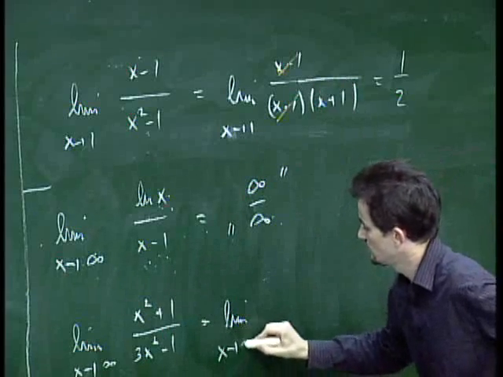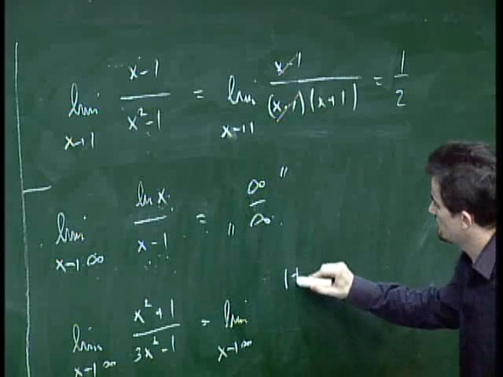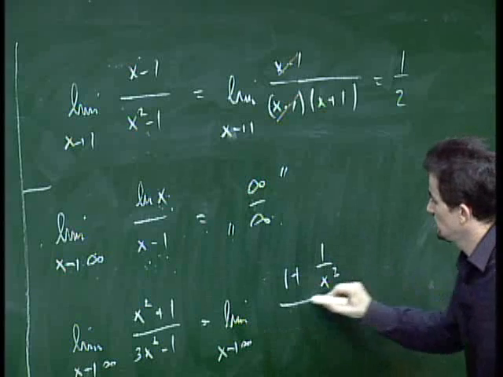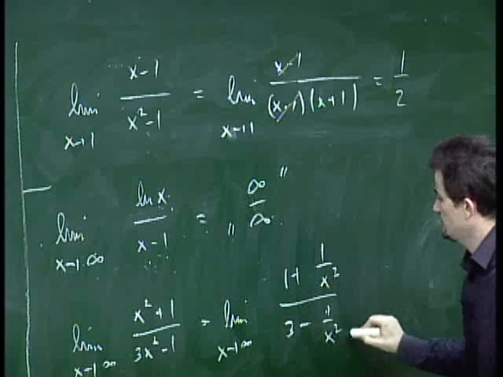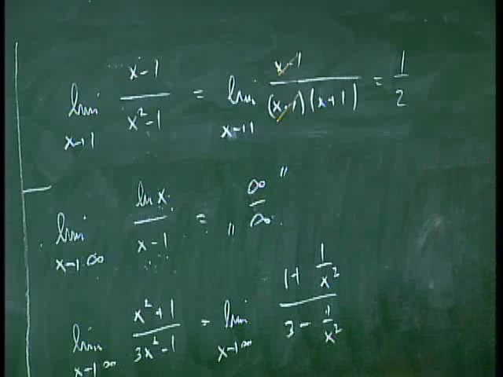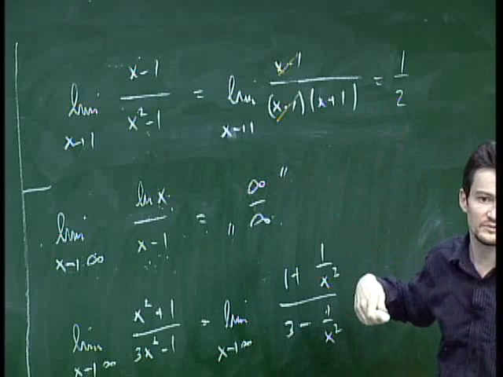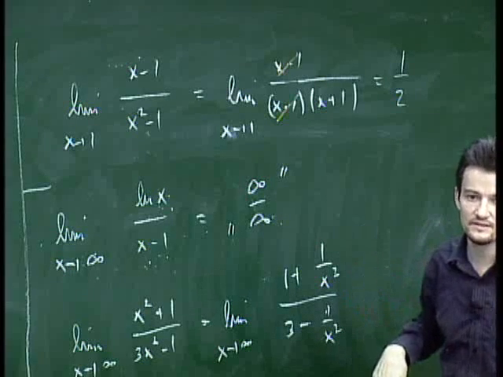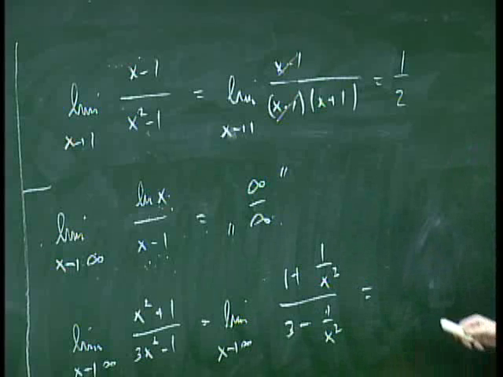We divided numerator and denominator by x squared and got 1 plus 1 over x squared over 3 minus 1 over x squared. It's kind of the same idea: we try to cancel the bad guy. Now you can use the quotient rule, and you get 1 over 3.